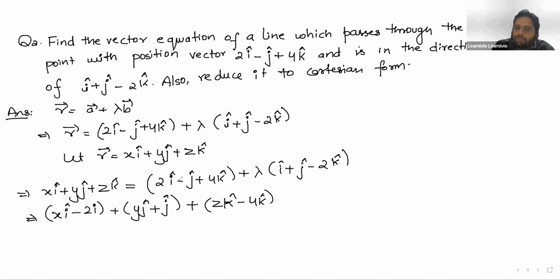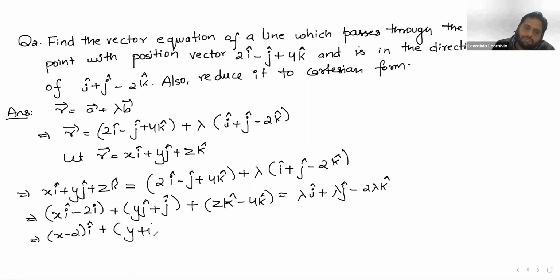I have shifted this part here, not this part, because here we have a lambda, so we can't solve it further. Open this bracket: lambda i cap, lambda j cap, minus 2 lambda k cap. Now write (x minus 2) i cap plus (y plus 1) j cap plus (z minus 4) k cap equal to lambda i cap, lambda j cap, minus 2 lambda k cap.